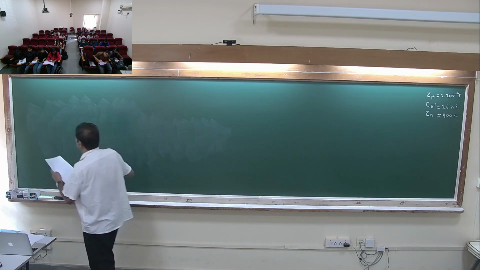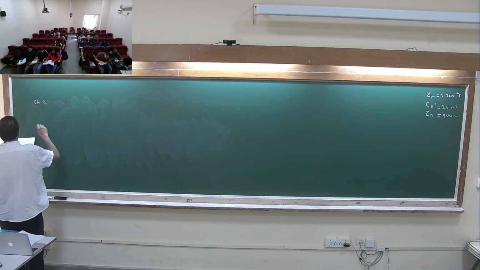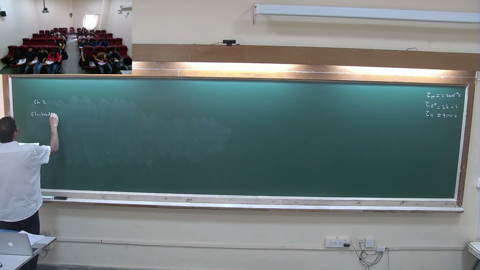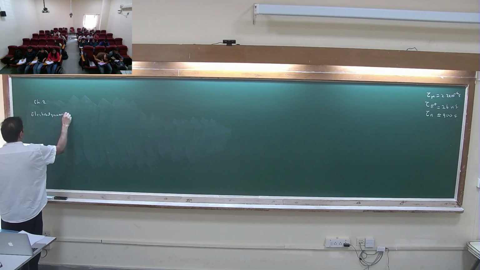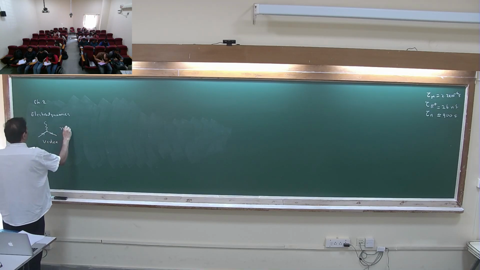So let me see what chapter 2 of Griffiths is. This just introduces you to electrodynamics and very quickly tells you how to draw the Feynman rules, the vertex. This is the vertex. The vertex is basically read off from the Lagrangian.